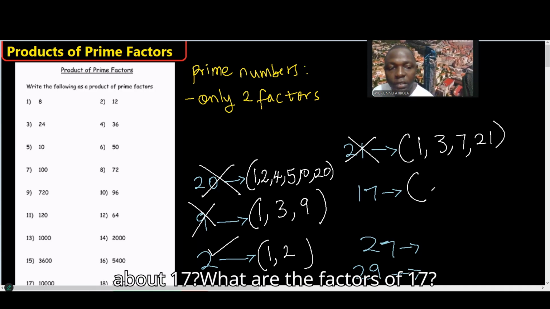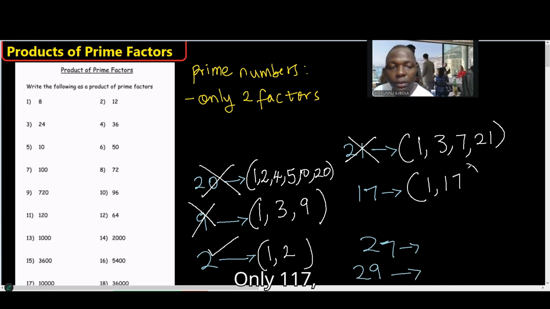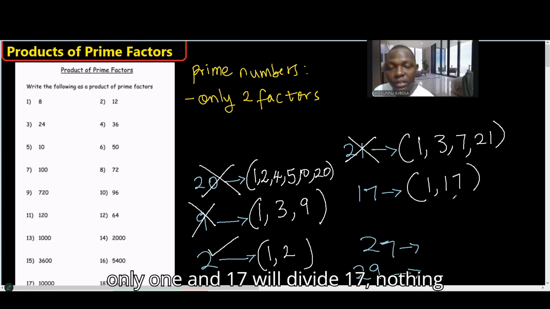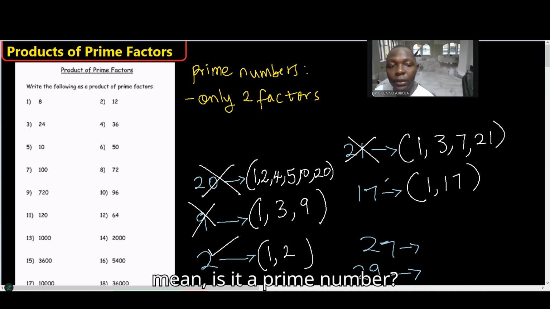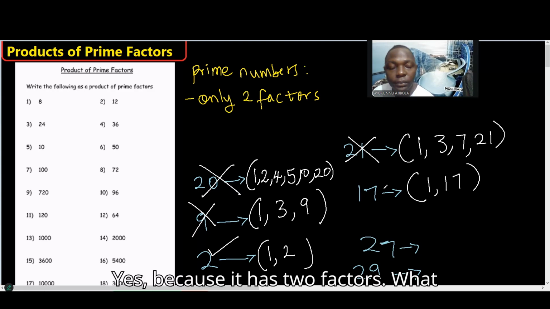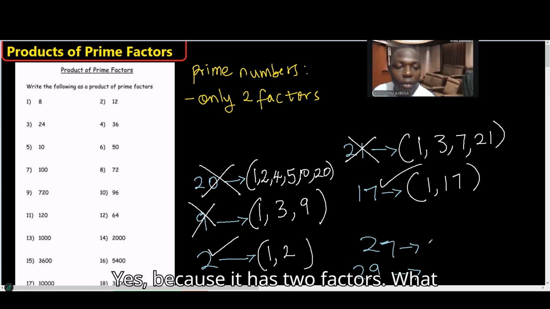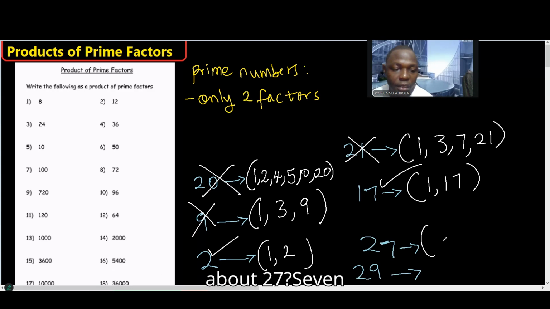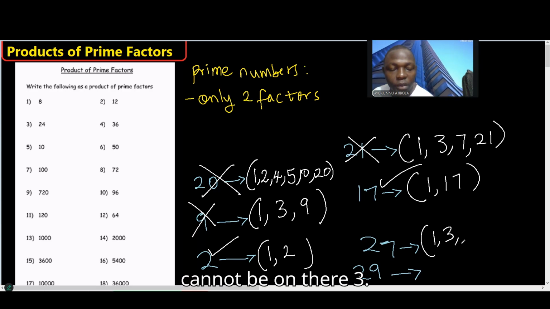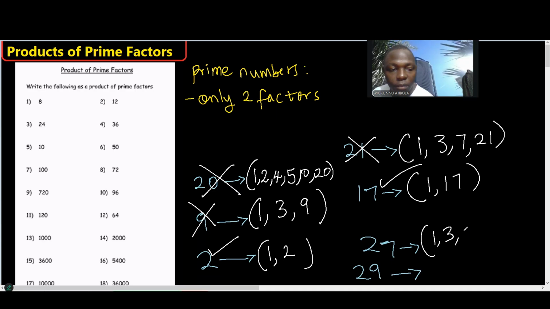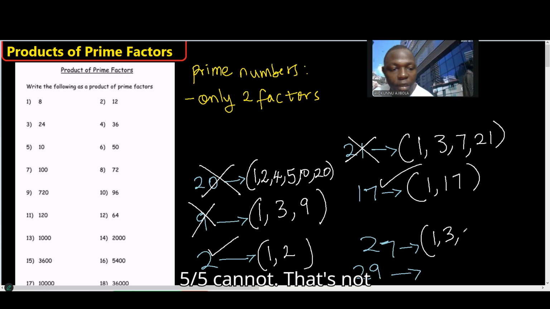What about 17? What are the factors of 17? Only 1 and 17. Only 1 and 17 would divide 17, nothing more. So is it a prime number? Yes, because it has 2 factors. What about 27? 1, 2 cannot be under 3. 5 cannot.